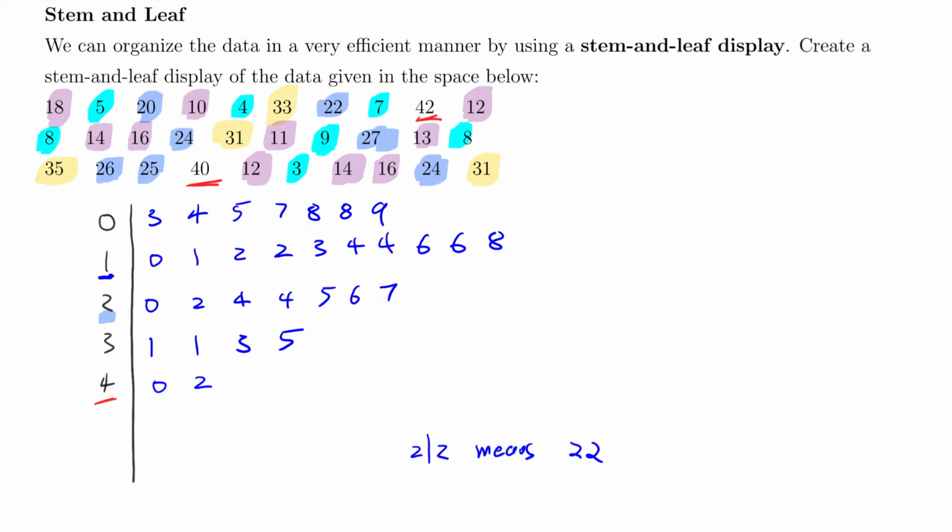Also, it shows how many of them repeated. Here we can tell there are 2 8s, 2 14s, 2 24s, 2 31s. So this is how we organize a stem and leaf plot. Again, if a value repeats, we have to write it twice. It also shows that we have the tens the most.